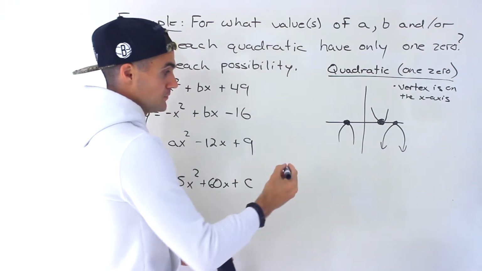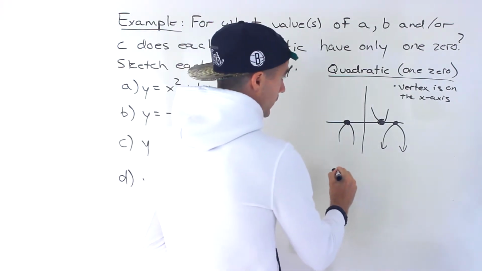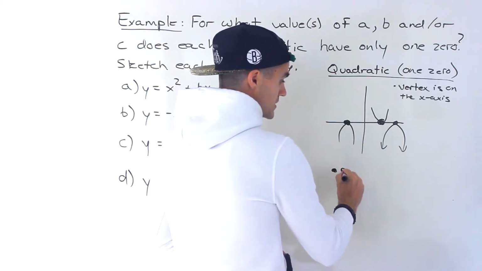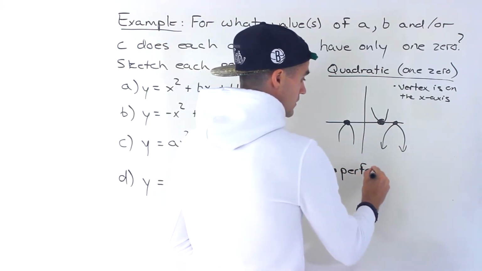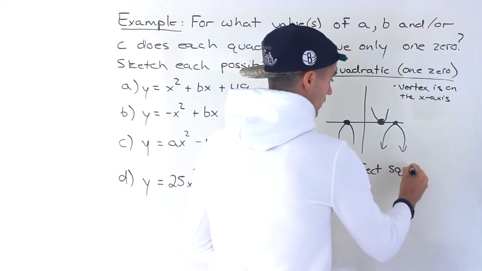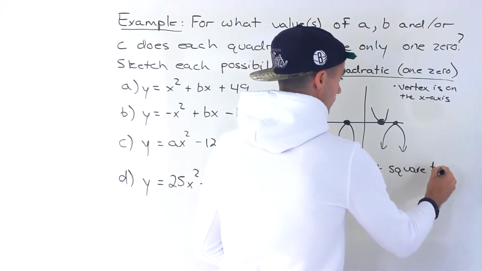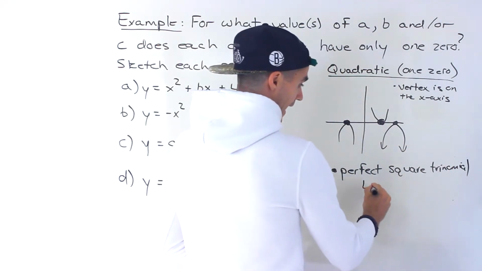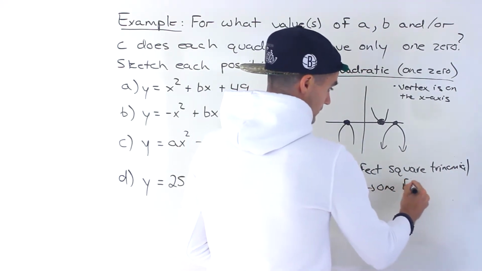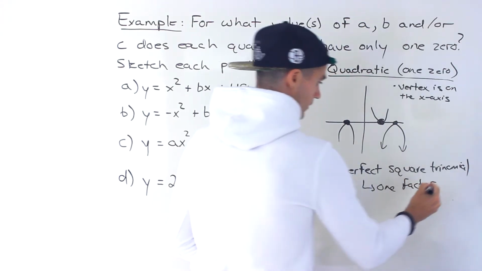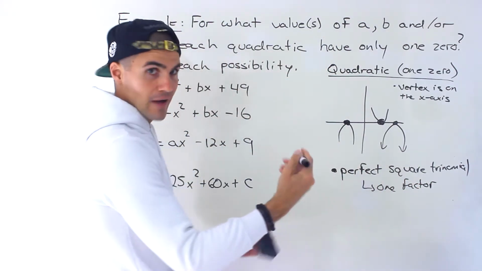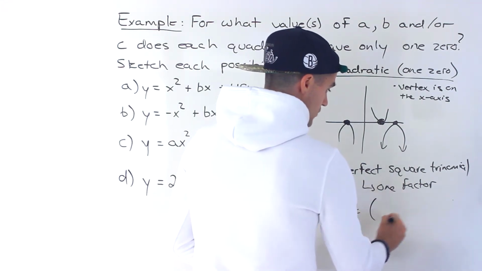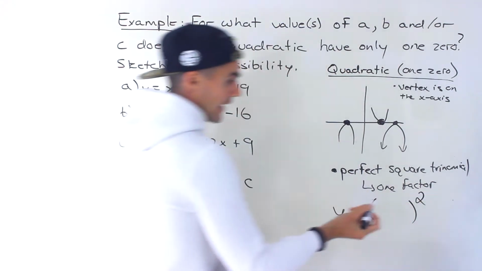Okay, so that's what graphically happens. And then also, algebraically, what happens if you have a quadratic that has 1, 0, remember, it's always going to be a perfect square trinomial. Meaning that it is only going to have one factor. When you factor a perfect square trinomial, it's just going to be one factor and it's going to be squared.